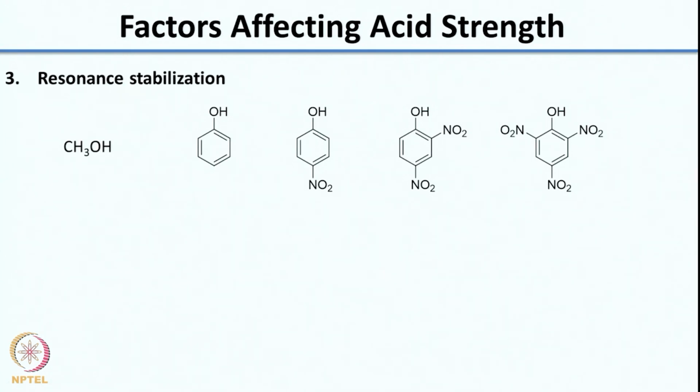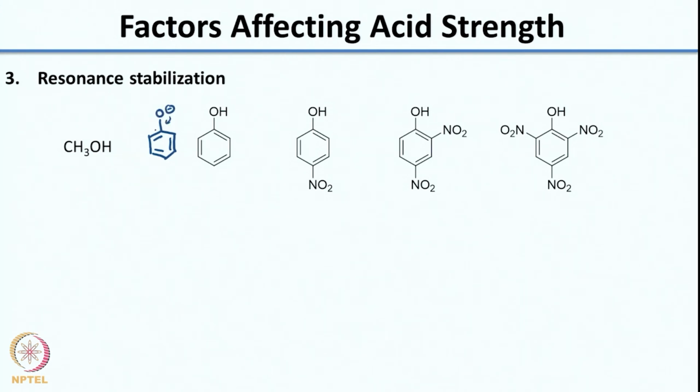The other thing is resonance stabilization. If I compare methanol with phenol, now we have seen this when we were looking at linear free energy relationships. The phenoxide ion is stabilized by resonance.